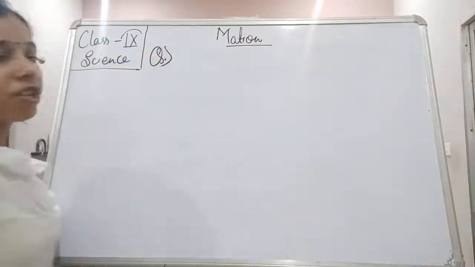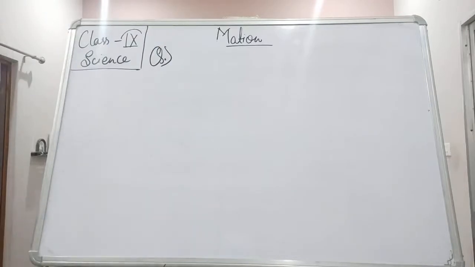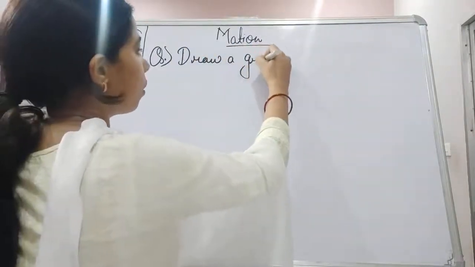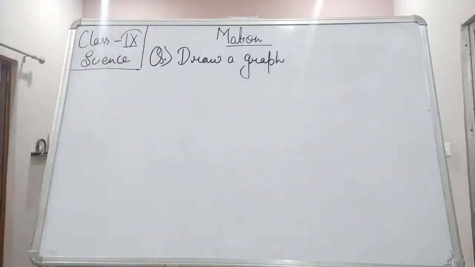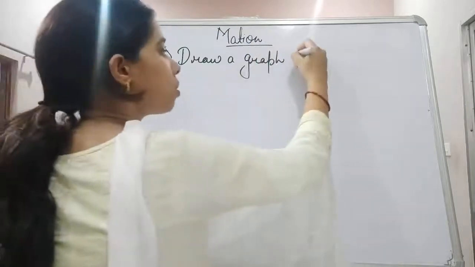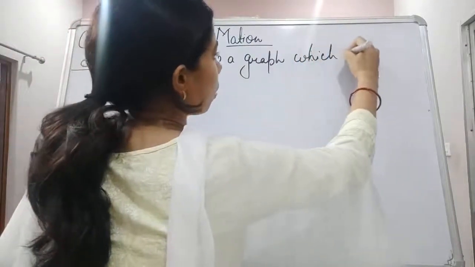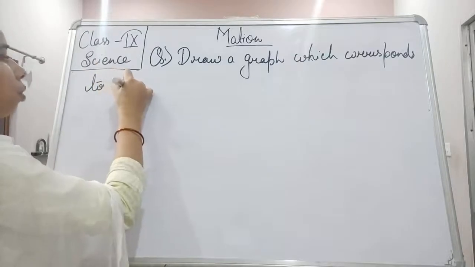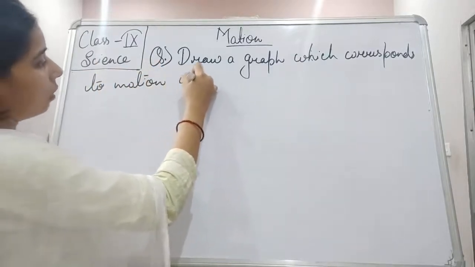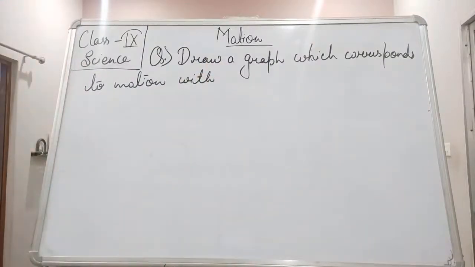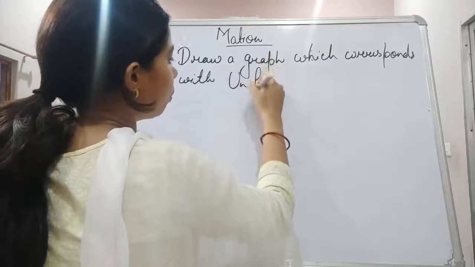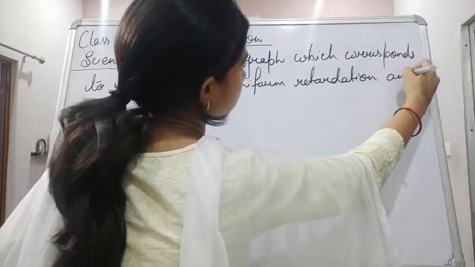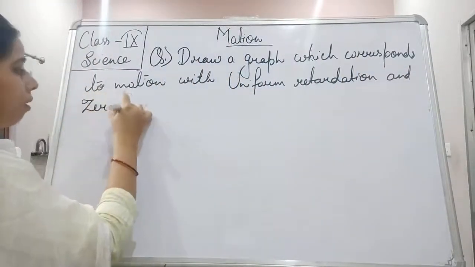So here the question is: draw a graph which corresponds to motion with uniform retardation and zero acceleration.